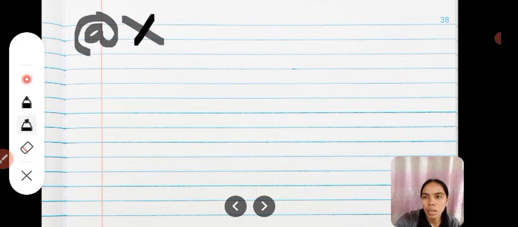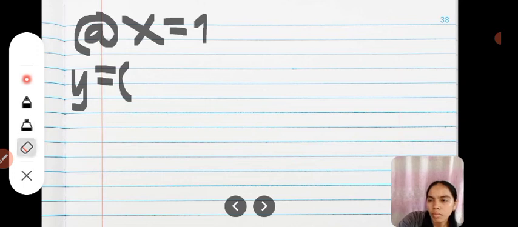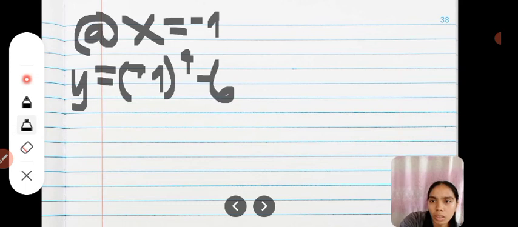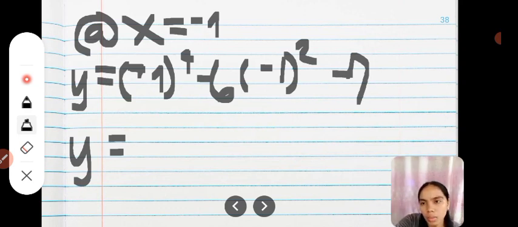At x is equals to negative 1, since our original equation is y is equals to x to the power of 4 minus 6x squared minus 7, and then we will substitute it, so negative 1 to the power of 4 minus 6 times negative 1 to the power of 2 minus 7, and then our y there is negative 12 also.